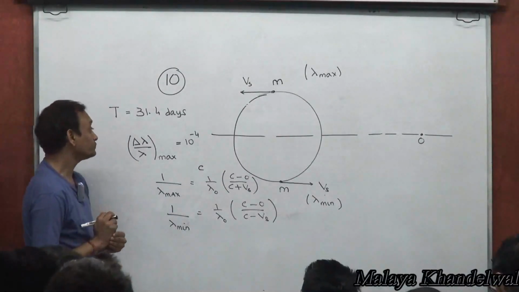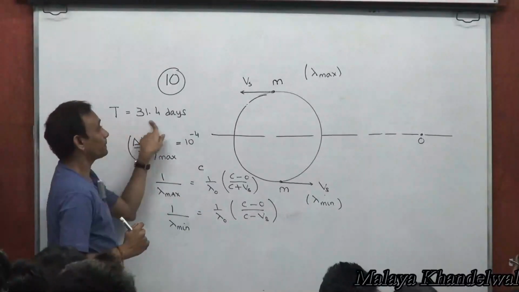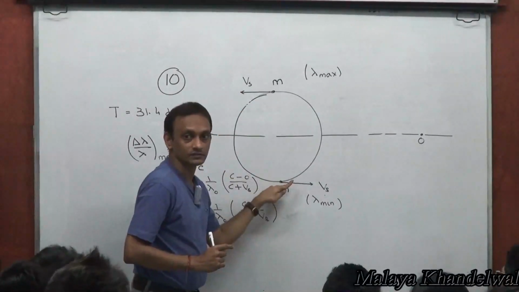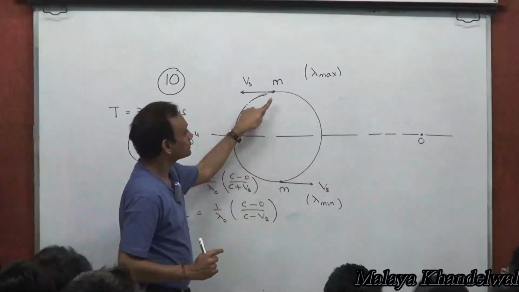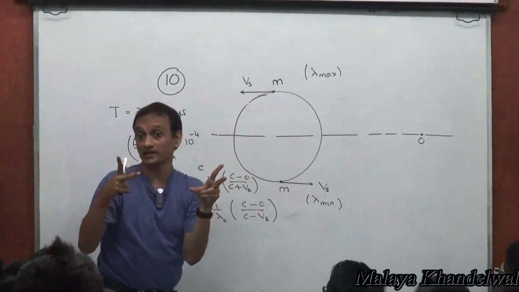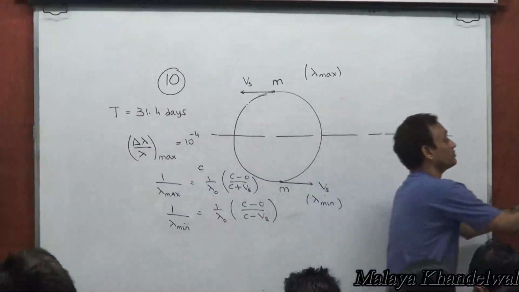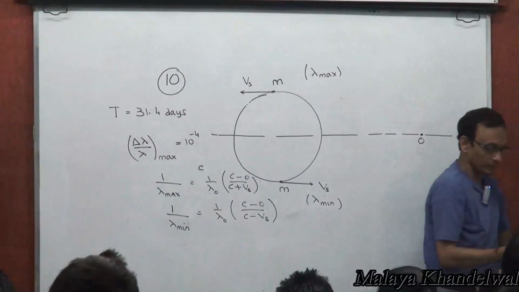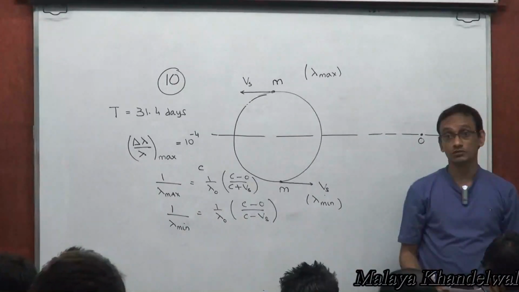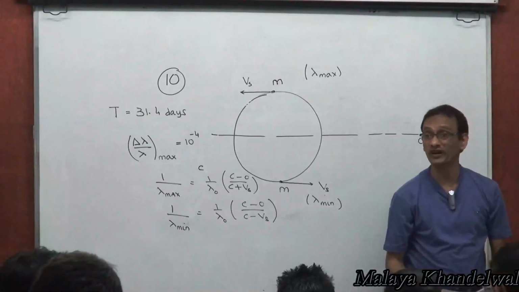Now, in half a revolution, we have lambda max and lambda min each appearing twice in half. See, what's given in the problem very clearly is, as you can read, the time period of variation of lambda is 31.4 days.